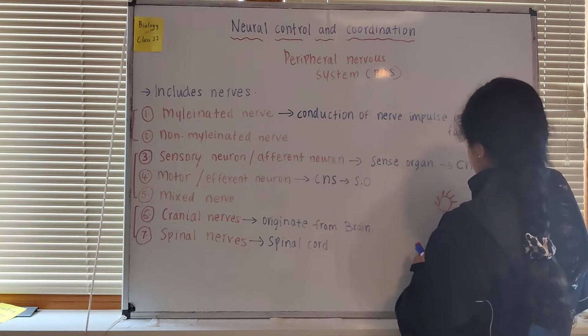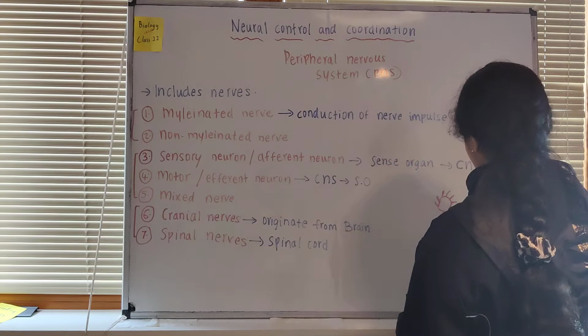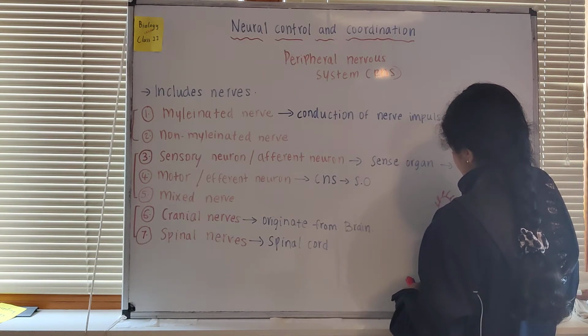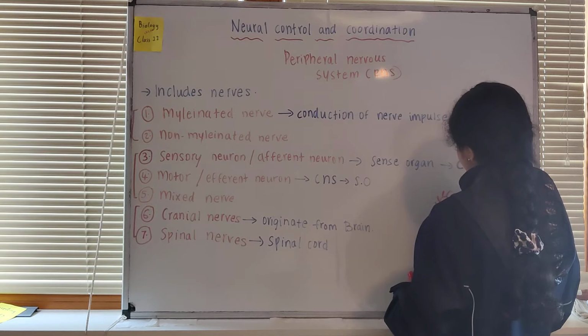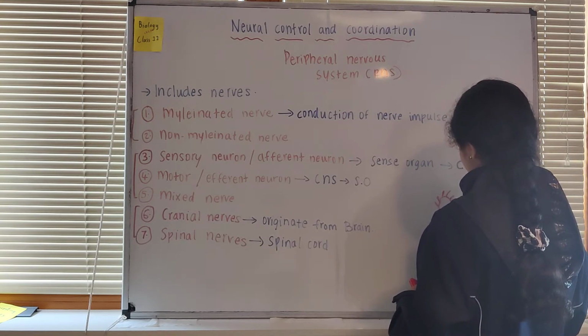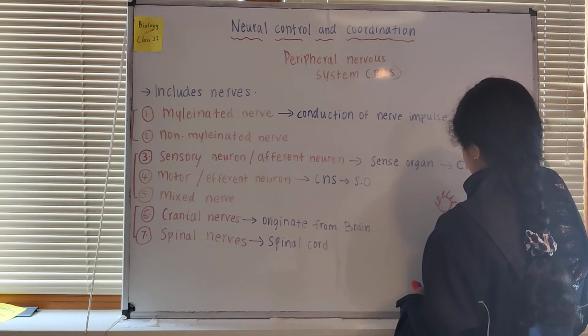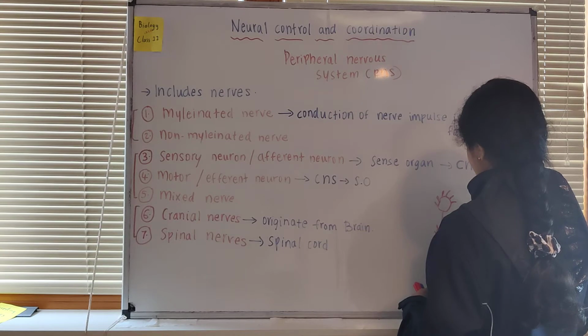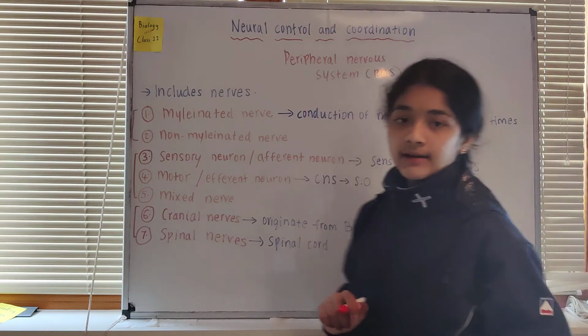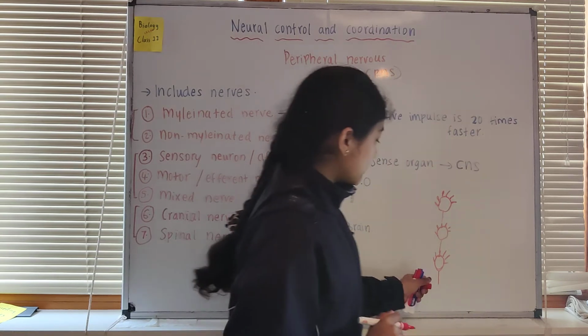Like this, there are many of them. We have another cell body or cyton, we have the dendrites, and then we have the axon. Again the cyton, dendrites and the axon, and then we have the axon terminal and the synaptic nerve.